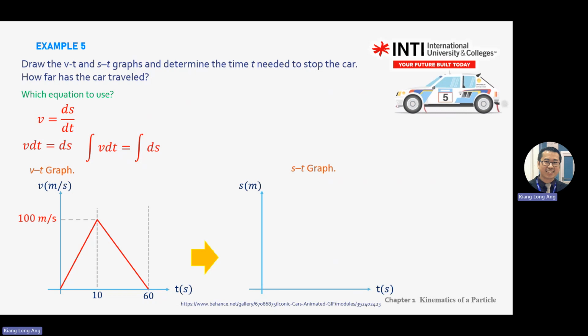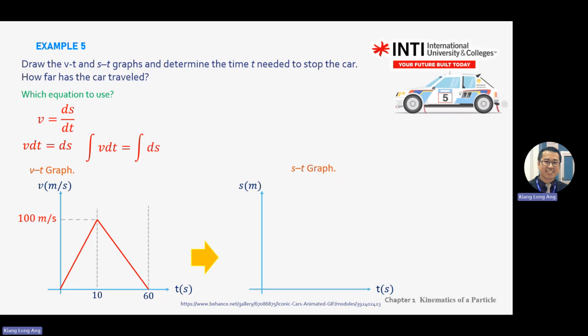Just need to be careful that you do it as two time slots. Don't do it in one go. 0 to 10 and then 10 to 60. Do it in two procedures. So there will be one equation for this region, where this is 10 seconds, this is 60. You need to get one equation.